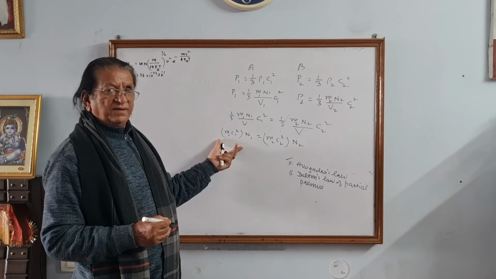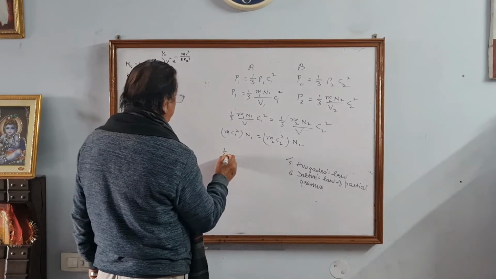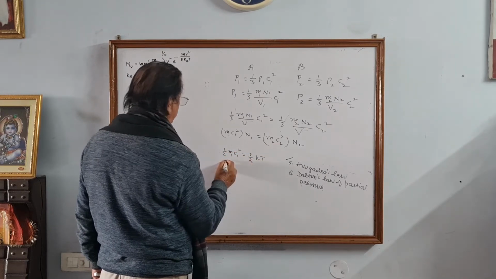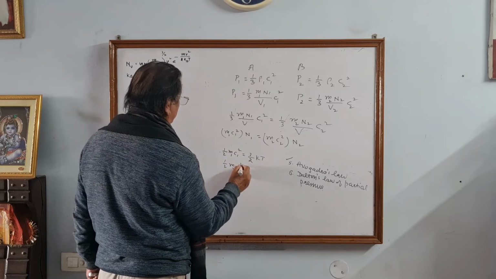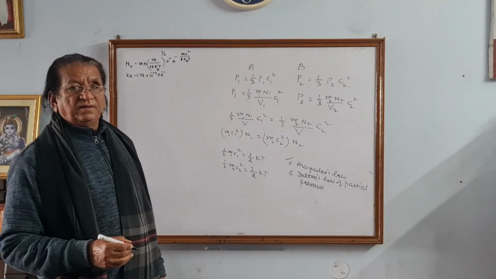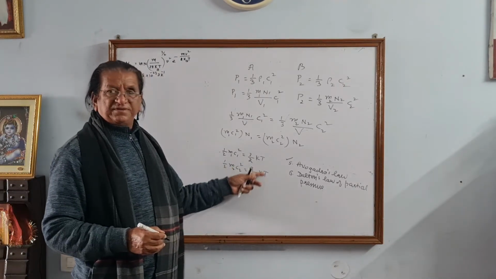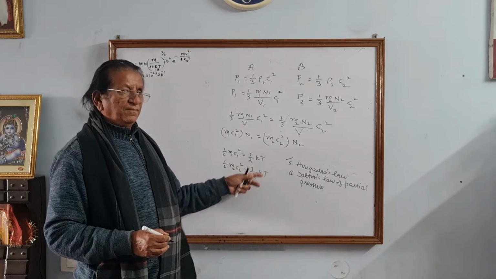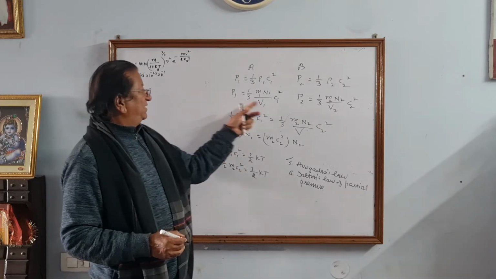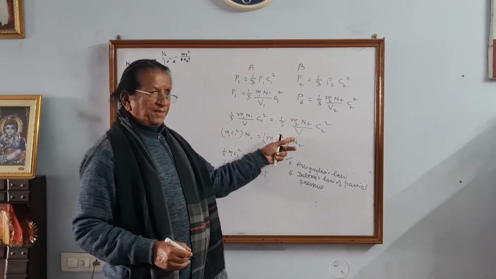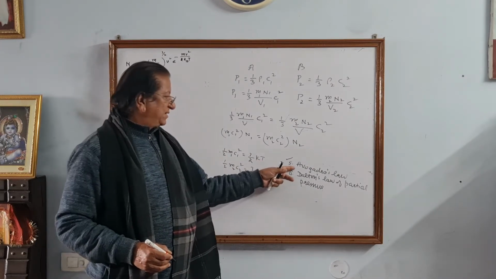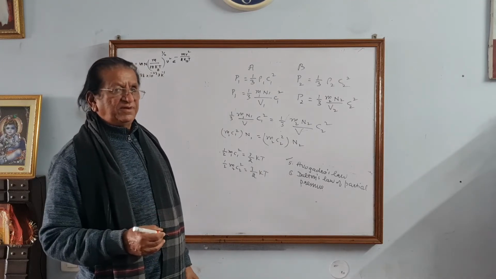Then you also know the kinetic interpretation of temperature. You have to take the same temperature for the two gases. Equal pressure taken, equal volume taken, now equal temperature is to be taken. Then you have to prove that both the gases will have the same number of molecules.